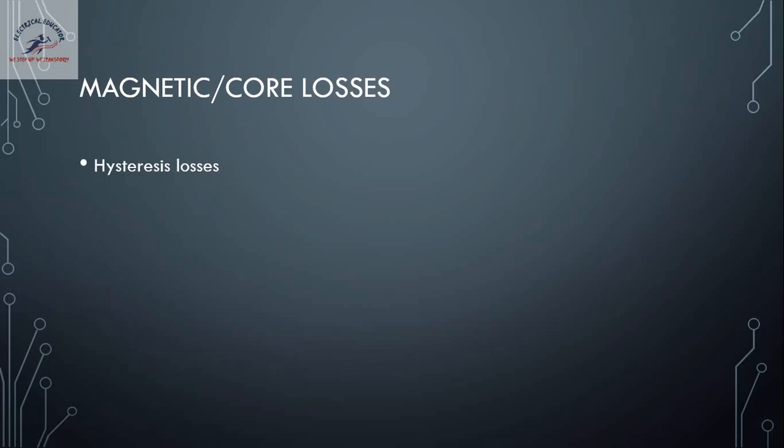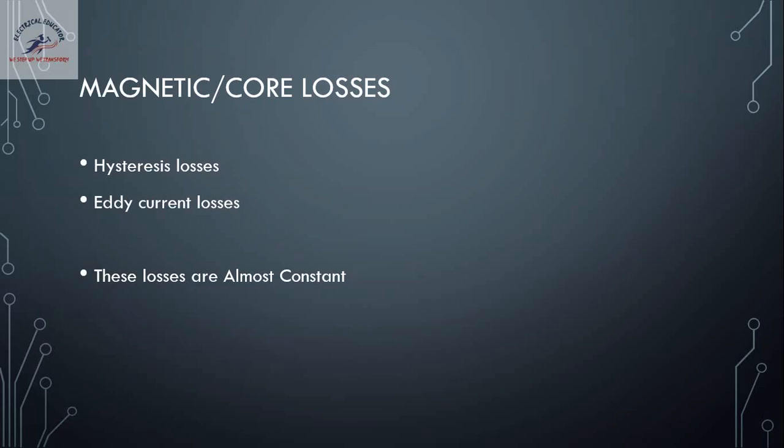The first one is the hysteresis loss, and the second one is the eddy current loss. We are familiar with these two terms, hysteresis and eddy current losses. These occur in machines when the core is repeatedly subjected to the change of flux, and also some currents are induced in the metal.